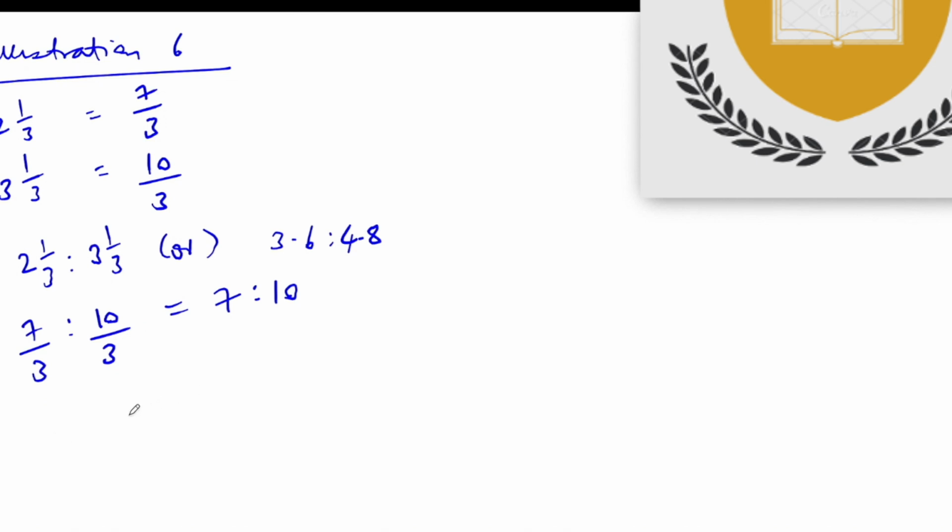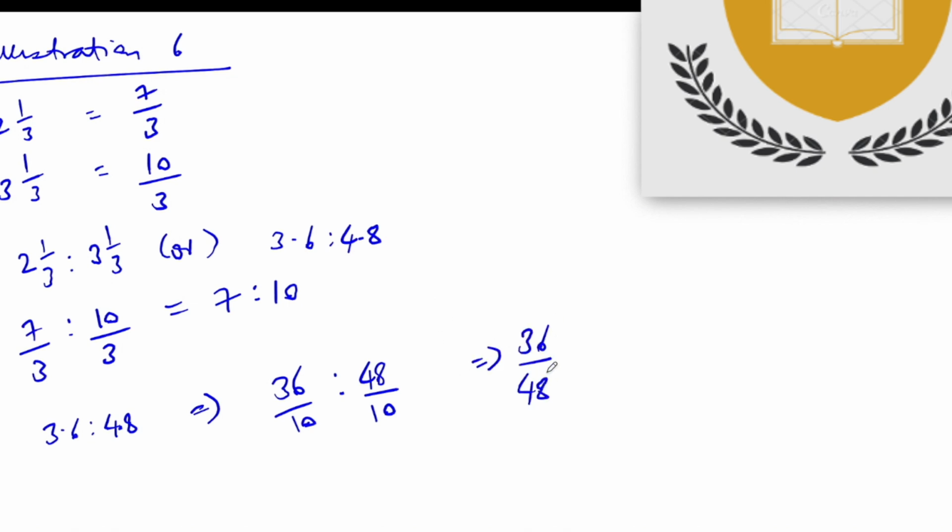This is the first part. Versus we have to find out 3.6 is to 4.8. 3.6 is to 4.8 can be written as 36 by 10 is to 48 by 10. Now this we can write as 36 by 48.